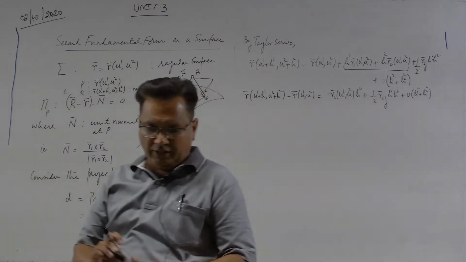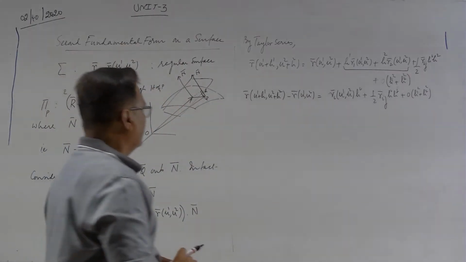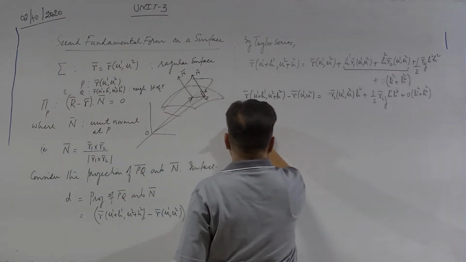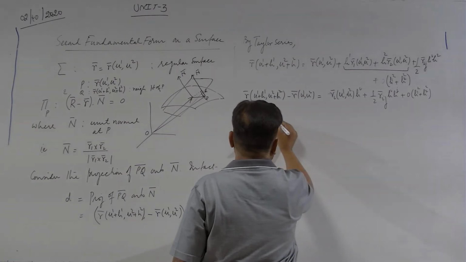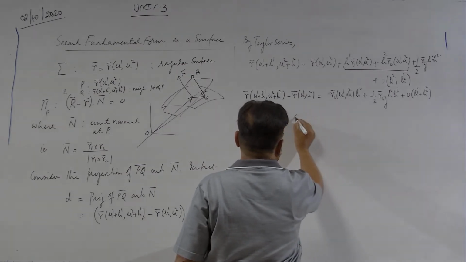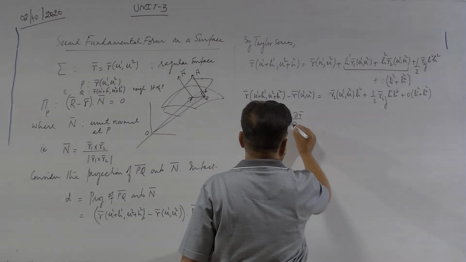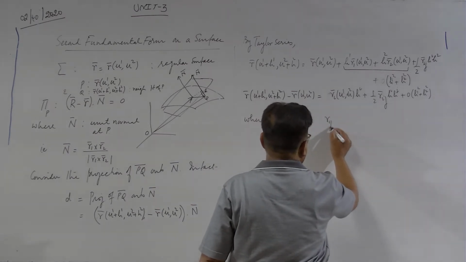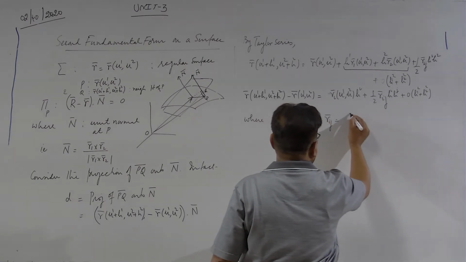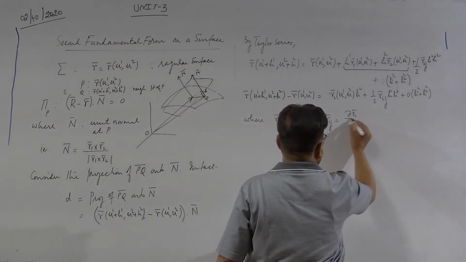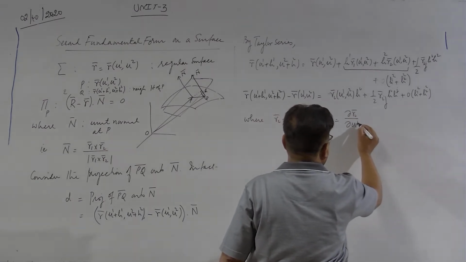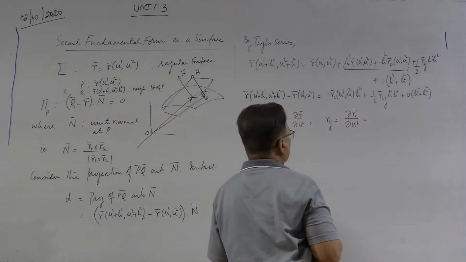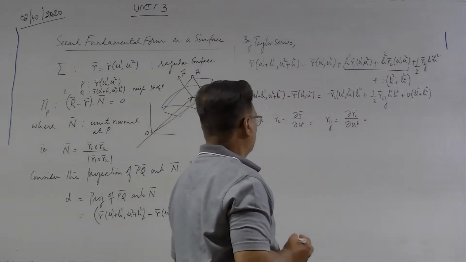Okay. What is r_ij? Where r_i you already know, where r_i means del r over del u_i. r_ij means del r_i upon del u_j.